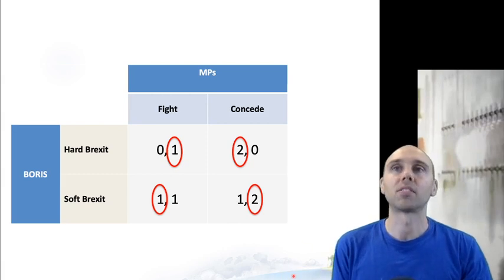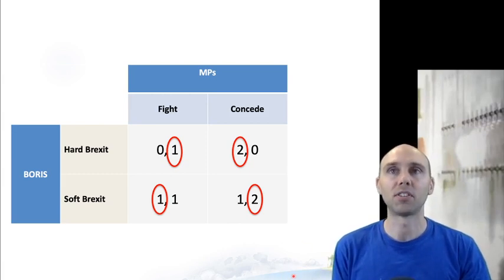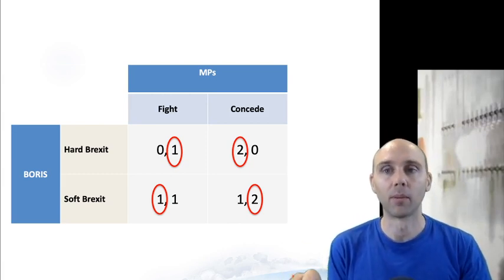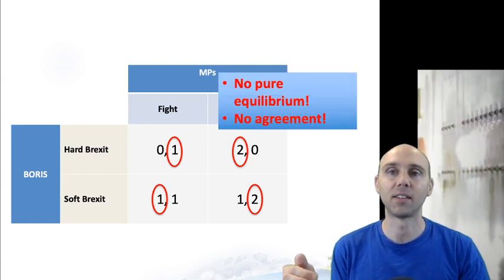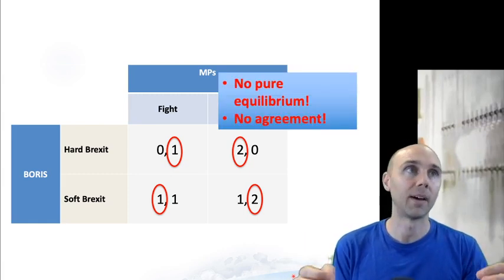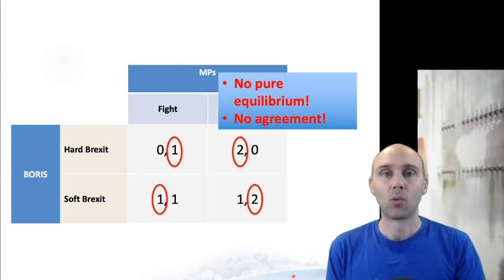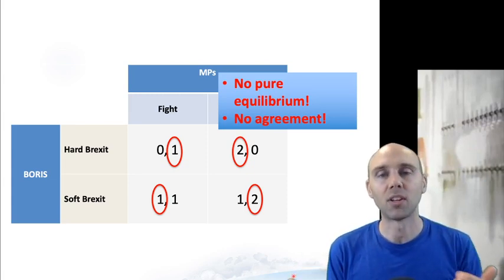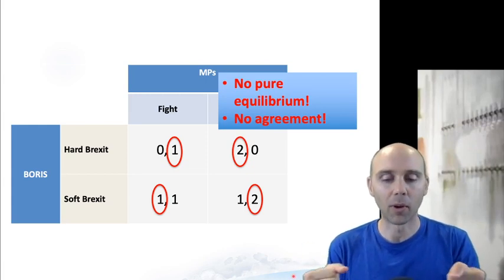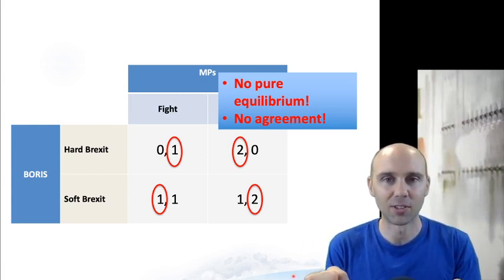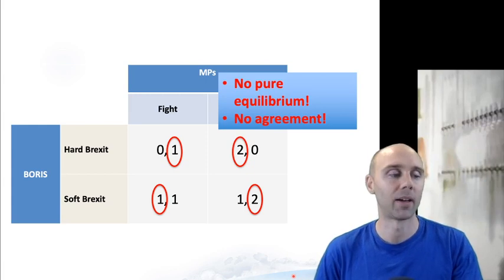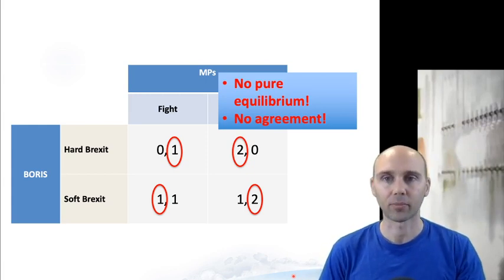But none of the boxes have 2 circles. In no situation do we reach an equilibrium. There is always an incentive for one of the 2 parties to deviate and cheat the other one. And that's probably, roughly speaking, why the negotiations took so long. Everyone always had an incentive to try to push a little bit harder in some direction.